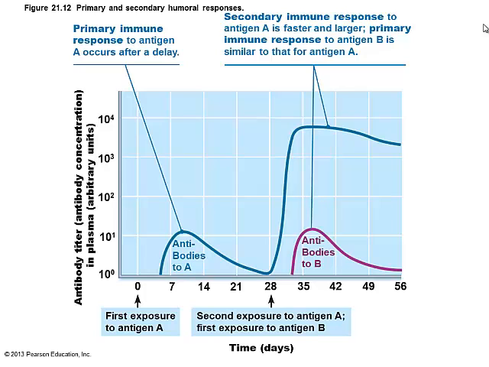The second time we come in contact with chickenpox, so we get the chickenpox, we get sick, we get better, we're all great. The second time we come in contact with chickenpox, at that day 28 in this diagram, we're going to make hundreds more antibodies. So 10 to the first antibody titer is enough to take care of chickenpox.